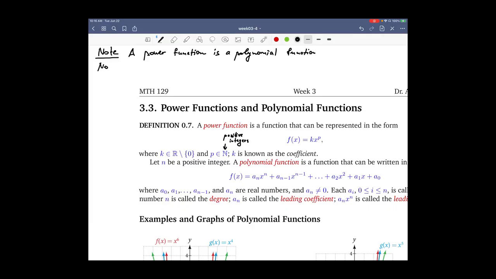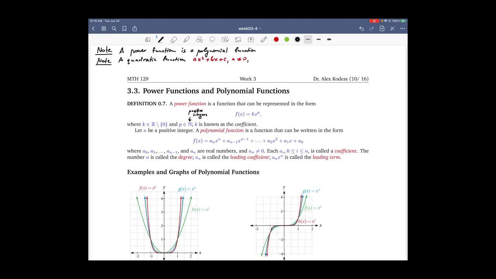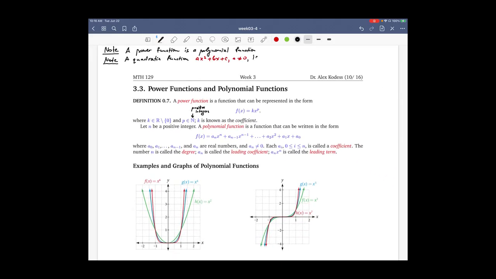Also, another comment here: naturally, a quadratic function, one of the form ax squared plus bx plus c, where a is not zero, also is an example of a polynomial function.